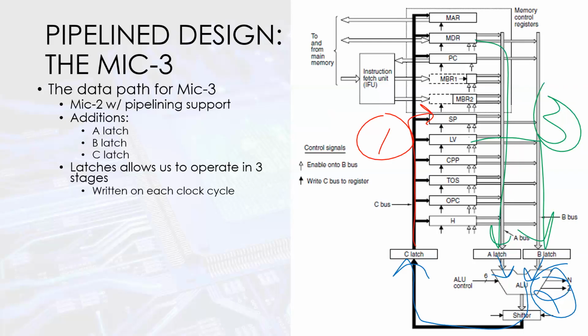In this first stage, all we want to know is what the registers are that we're about to feed into the ALU, the actual values, so we save those in A and B. At the end of the second stage, we want to know the result of that ALU that I'm about to write back into the register. And the third stage has a natural latch already built in because we're writing back to one of these registers.